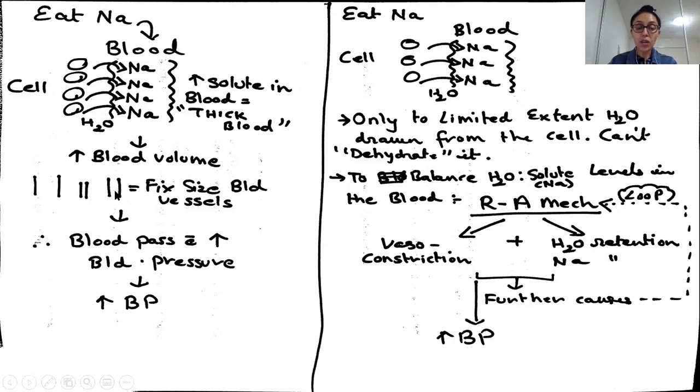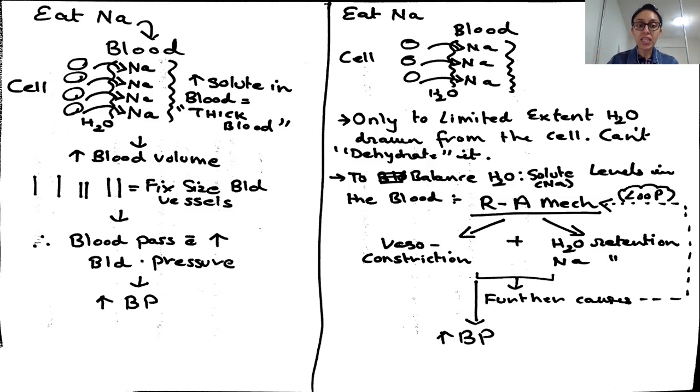Now imagine the blood vessels can only expand and contract so much. It's like a rubber band. If you stretch it too much, at one point it's going to break. So your blood vessels will expand only so much, but not more than that. And then what will happen? You will have an increased blood pressure, because of the increased blood volume, and this will lead to high blood pressure.